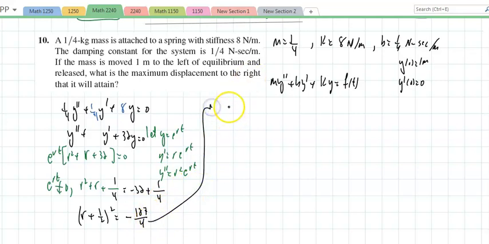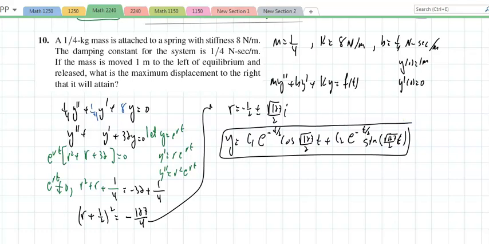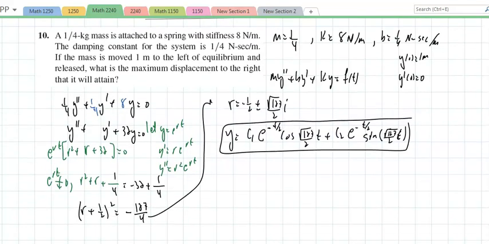So I'm getting r to equal negative 1/2 plus or minus the square root of 127 over 2 i, and my solution would be c sub 1 e to the negative t over 2 cosine of square root of 127 over 2 t plus c sub 2 e to the negative t over 2 sine of square root of 127 divided by 2 t.